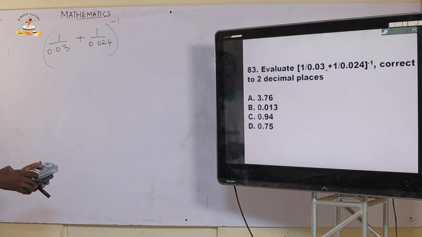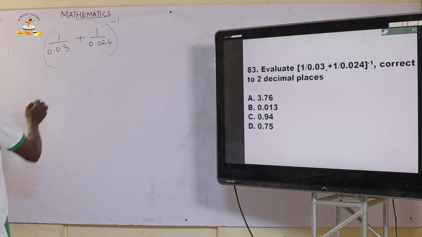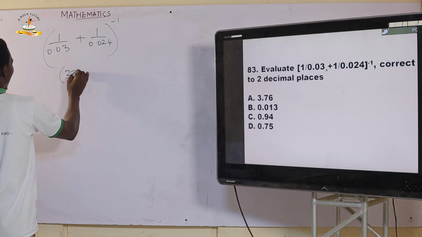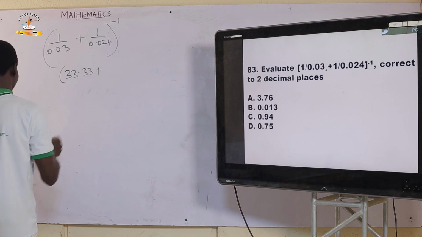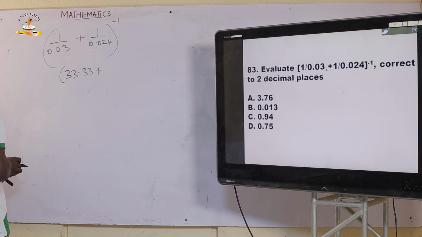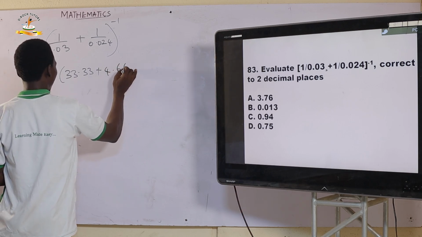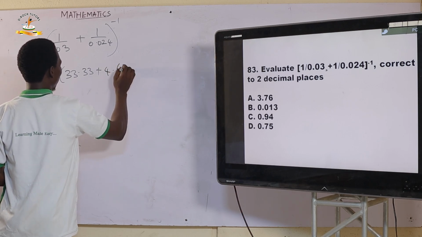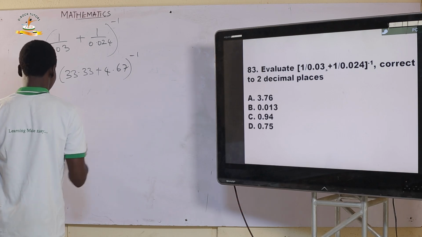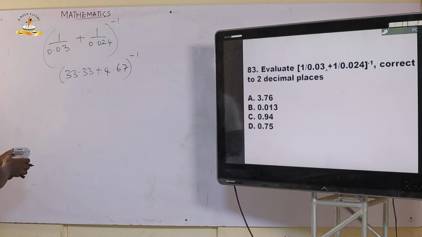1 by 0.03 is 33.33. So I have 33.33 plus 1 by 0.024, it is 41.66 or 67, all raised to power minus 1. And you can add them up.